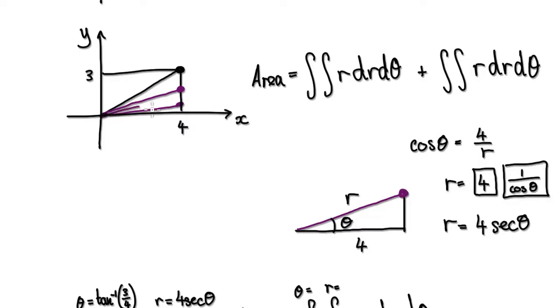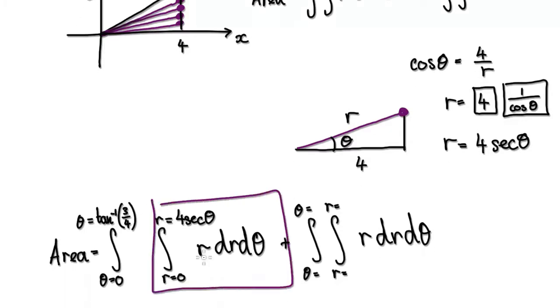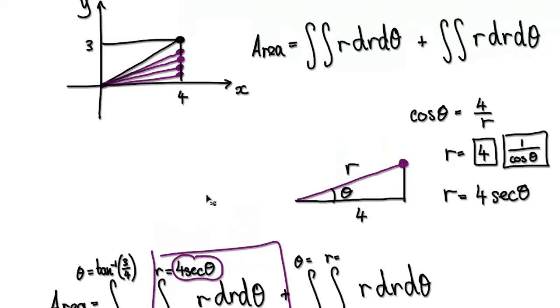So we're going from a radius of 0 to a radius of 4 secant theta. The first part would be given by this: from a radius of 0 to a radius of 4 secant theta, and we're scanning from an angle of 0 to this angle here, whatever it may be.